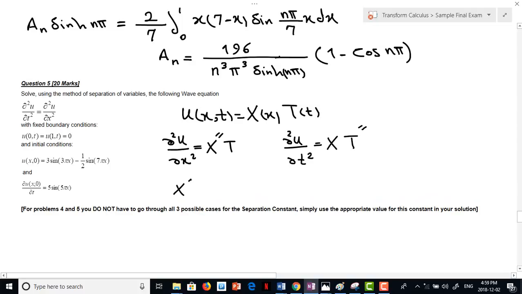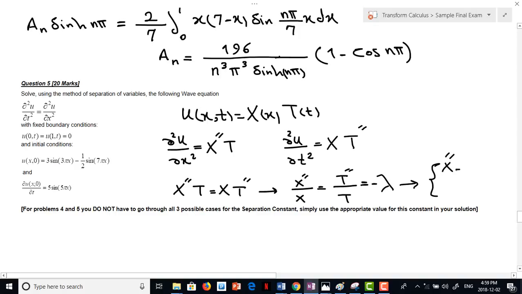So we have X double prime T equal to X times T double prime. As a result, X double prime divided by X is equal to T double prime divided by T, and it's equal to minus lambda. We're going to end up with two ordinary differential equations: X double prime plus lambda X equal to 0, and T double prime plus lambda T equal to 0.